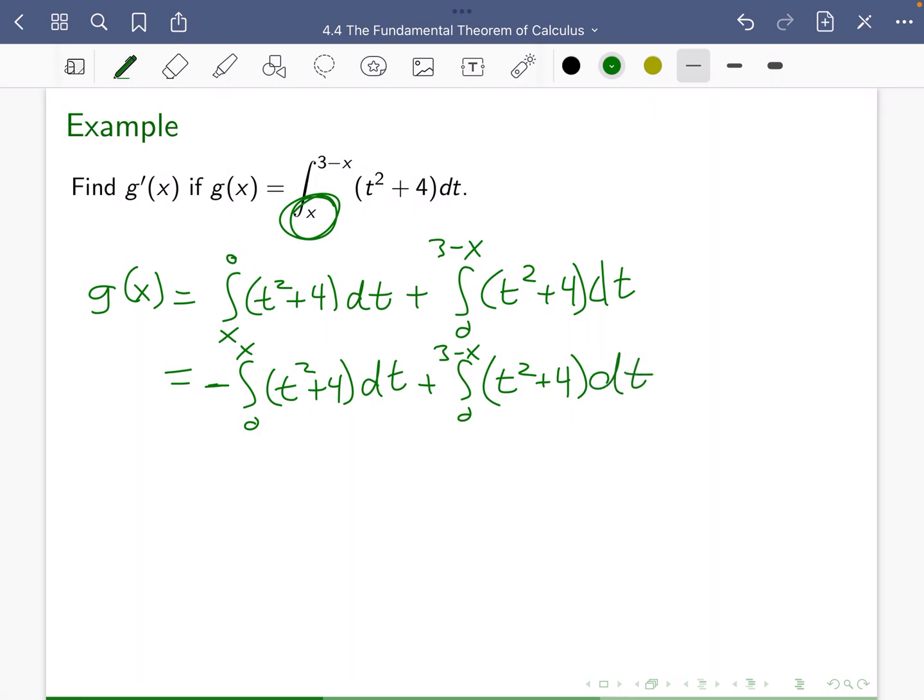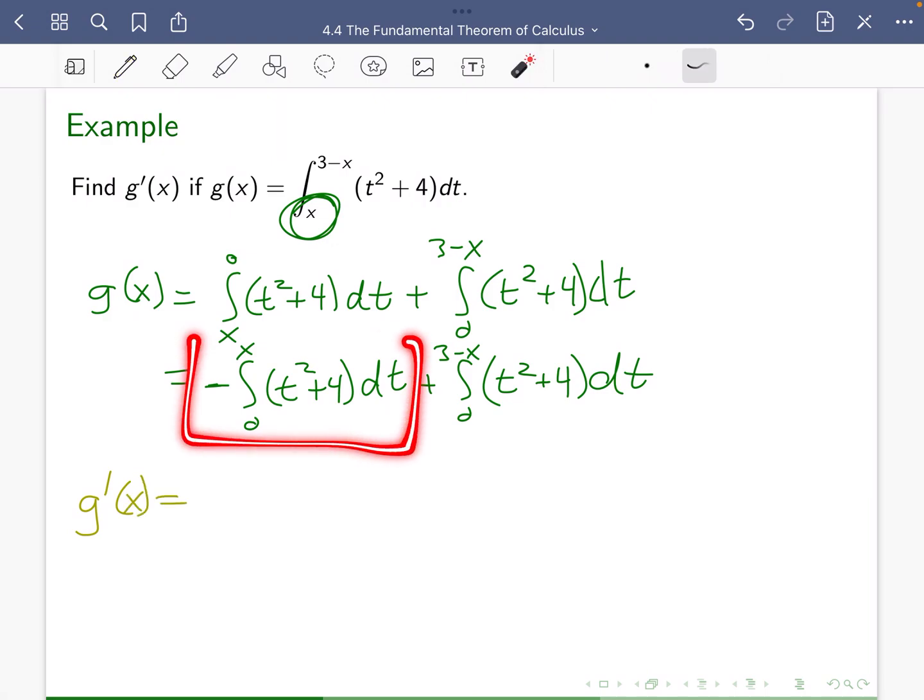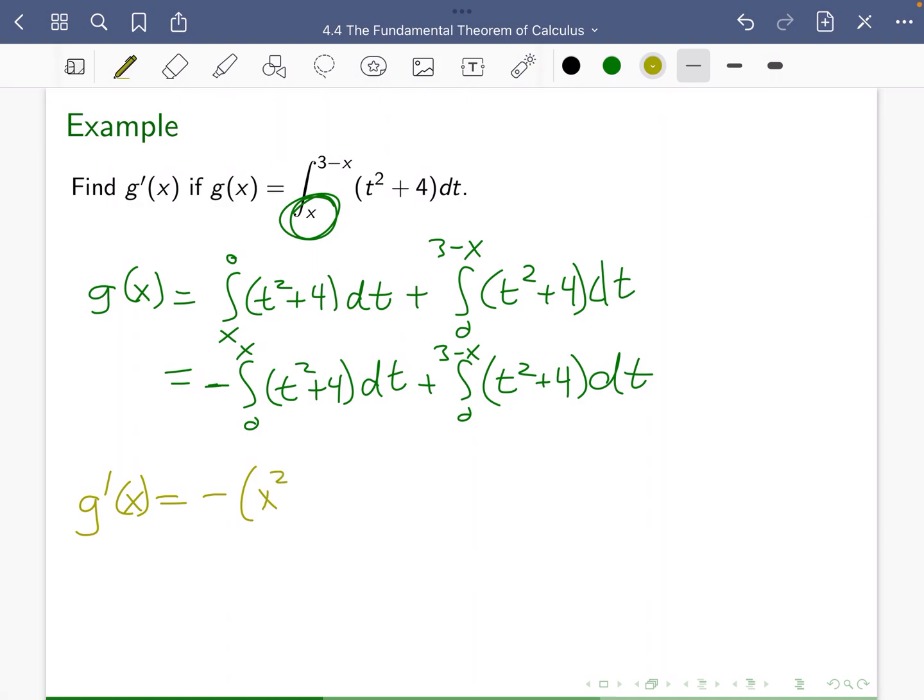And now we can apply our fundamental theorem of calculus, part 2. If we take the derivative of this piece, it is going to be the negative of x squared plus 4.